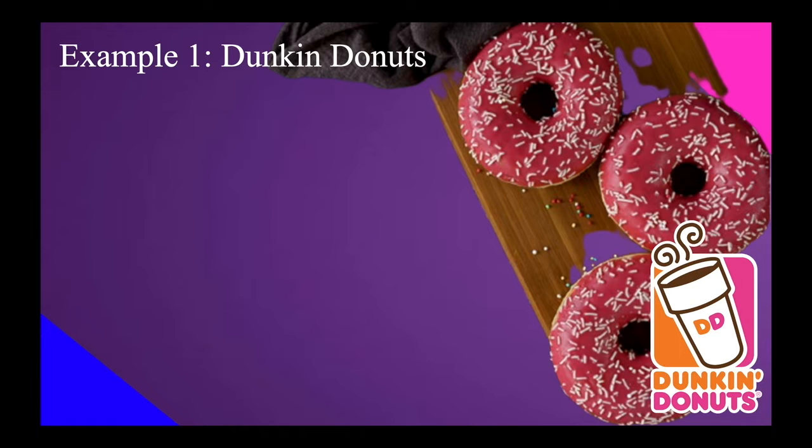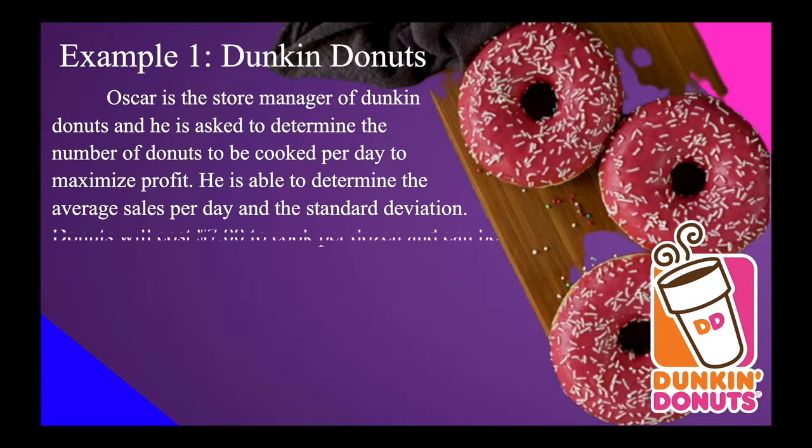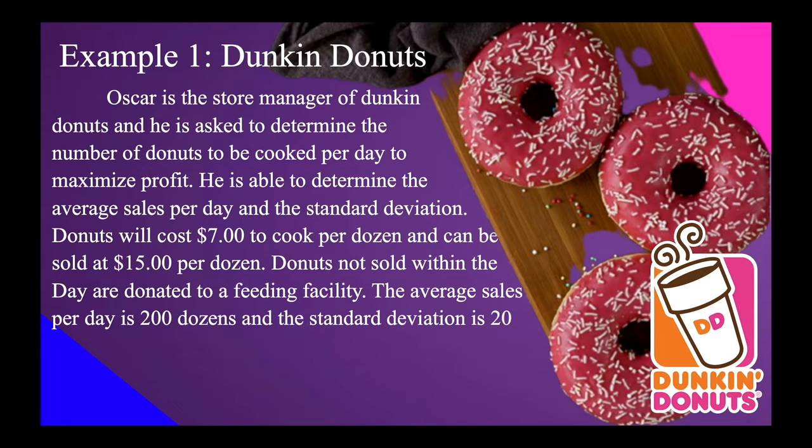So, for you to be able to grasp the idea on this topic, let's have our example. Our example for this topic will make you hungry. We have here Dunkin' Donuts. So, example number 1, Dunkin' Donuts. Now, Oscar is the store manager of Dunkin' Donuts, and he is asked to determine the number of donuts to be cooked per day to maximize their profit.